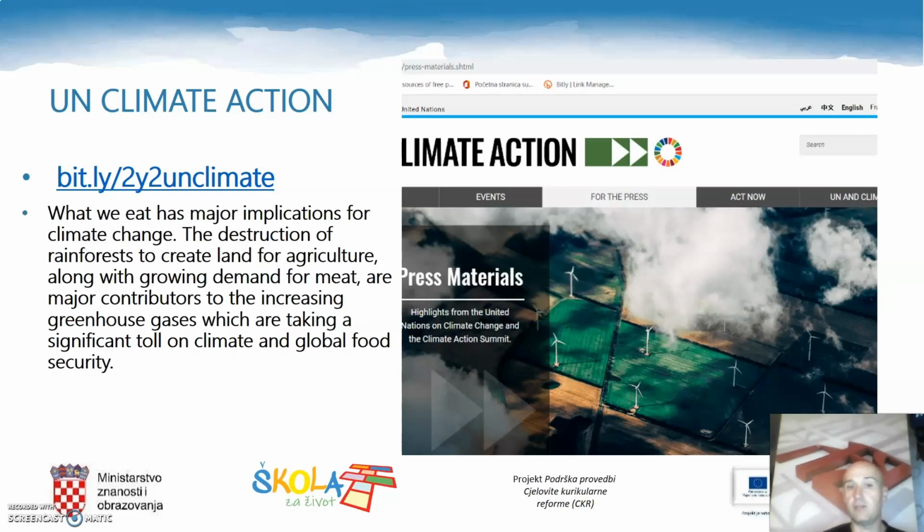What we eat has major implications for climate change. The destruction of rainforests to create land for agriculture, along with growing demand for meat, are major contributors to the increasing greenhouse gases, which are taking a significant toll on climate and global food security.